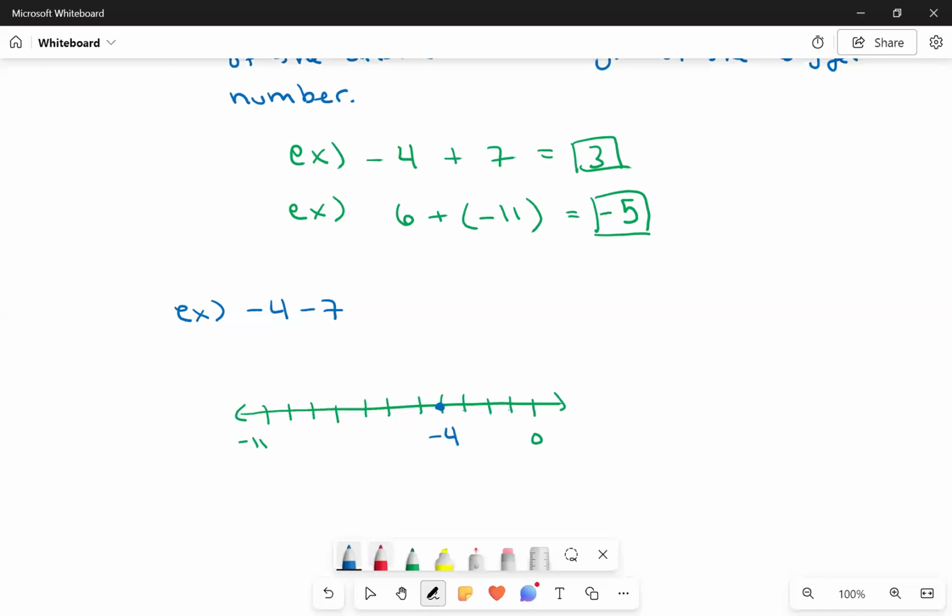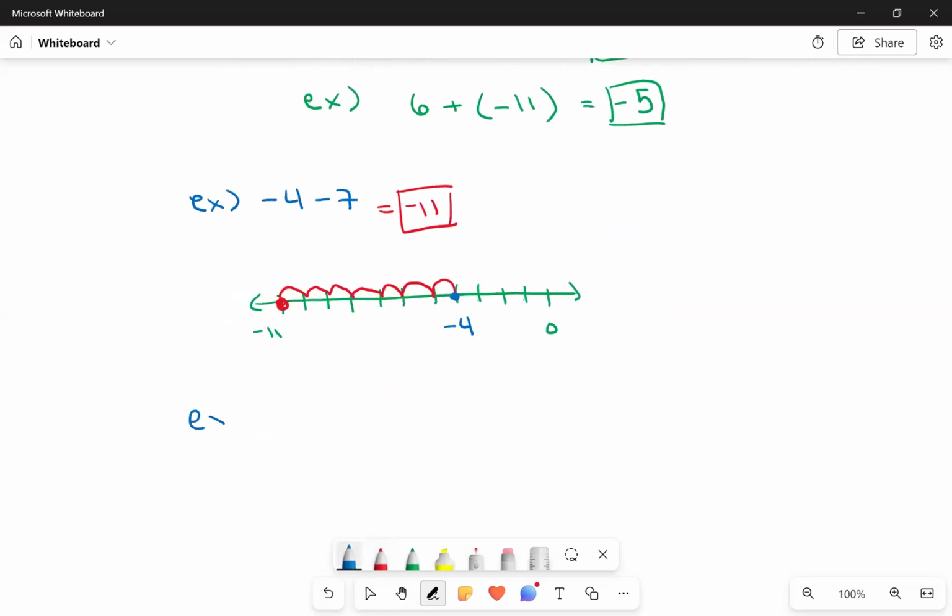Here's negative 4. And then I see the subtraction, so I'm going to move left 7: 1, 2, 3, 4, 5, 6, 7. And that lands me at negative 11. Lovely.